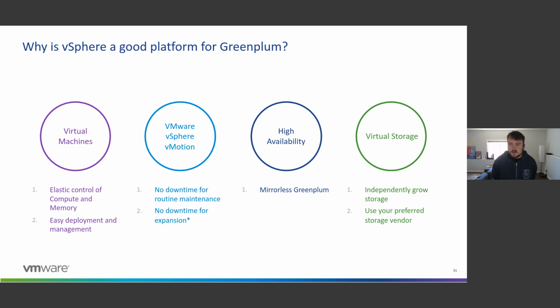The high level is elasticity in managing those virtual machines, essentially managing how much resources you want to give to the Greenplum platform so that you can get the most out of those insights at the fastest pace possible. Virtual machines also make deployment and management easier so that you can get started faster.